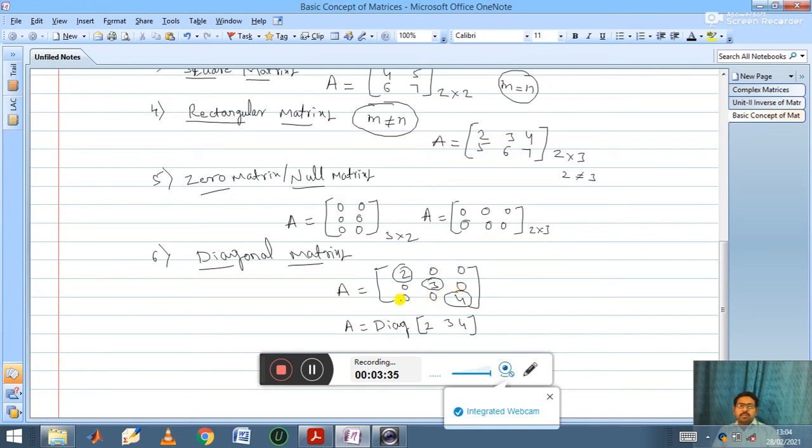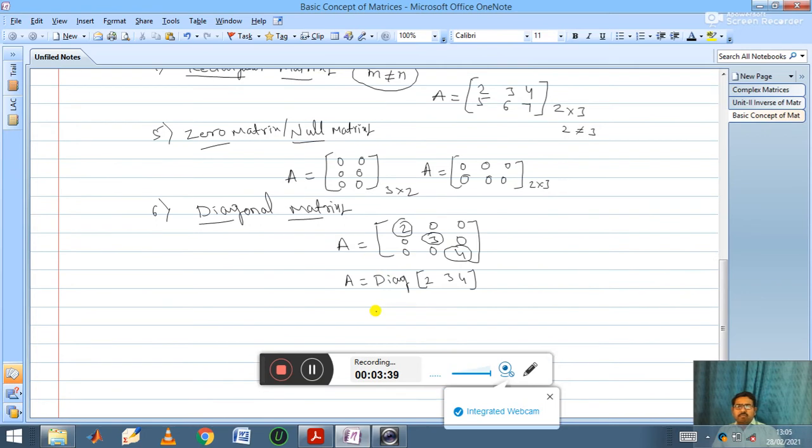Okay, then go to the seventh type of matrix, scalar matrix. You already know from the previous definition, diagonal matrix means the diagonal entries are present and the remaining entries are equal to 0.